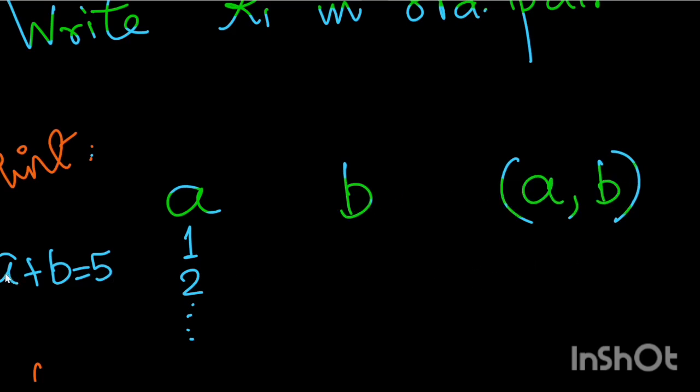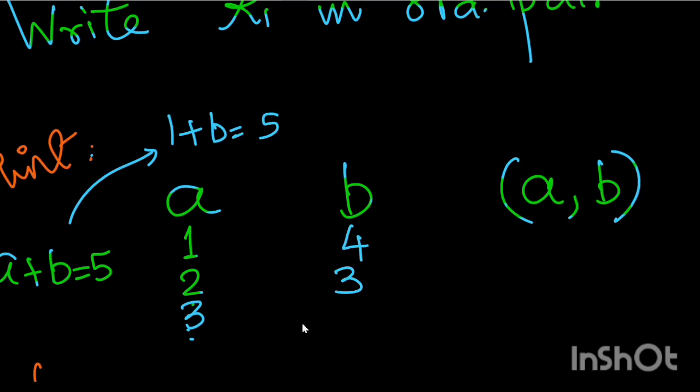Since A plus B is 5, we need to do trial and error, hit and trial. We'll start with A as 1, 2, 3 and so on. If I take A as 1, then 1 plus B is equal to 5, so the value of B would be 4. Similarly 2 plus 3, so B is 3. 3 plus 2 is 5. Now if you take 4, B will be 1.